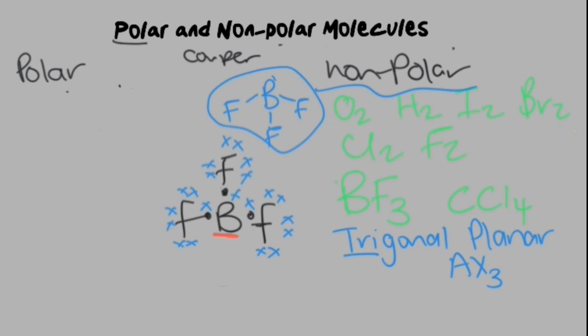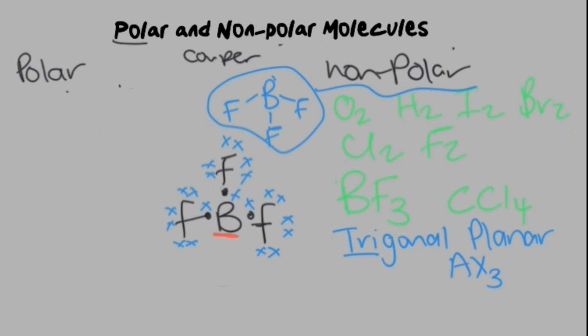Now if you look, there are lone pairs, but they are around the fluorine atoms and not the central atom, which in this case is the boron. So whenever you're drawing a Lewis dot and there are no lone pairs on the central atom, that means that it forms an ideal shape according to the VSEPR theory, and in our case here, it is trigonal planar.